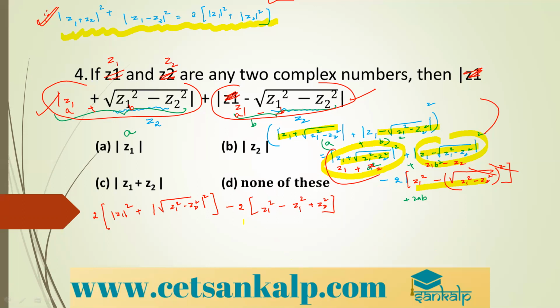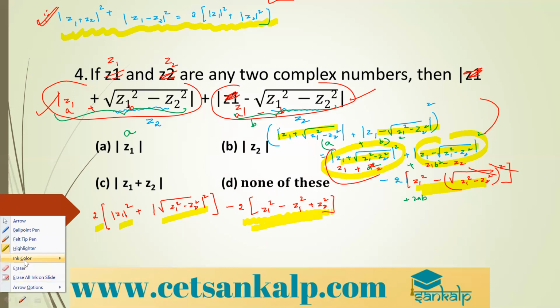So I wrote here 2 into Z1 square plus Z2 square. And the last one, this I have simplified here.